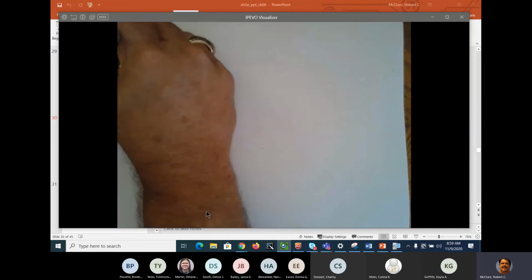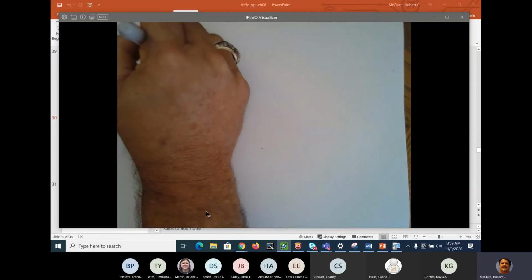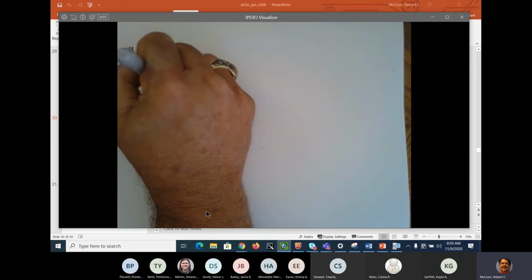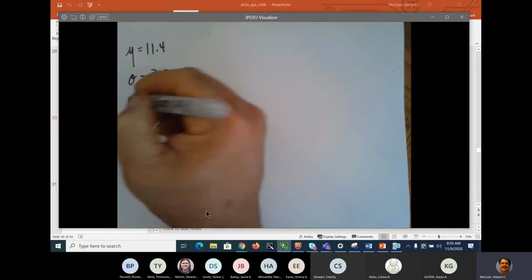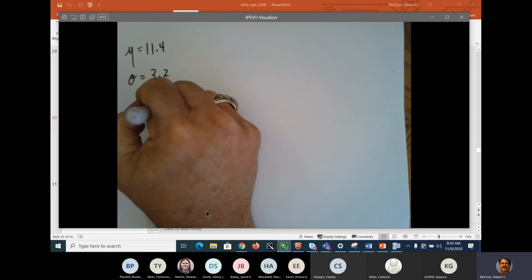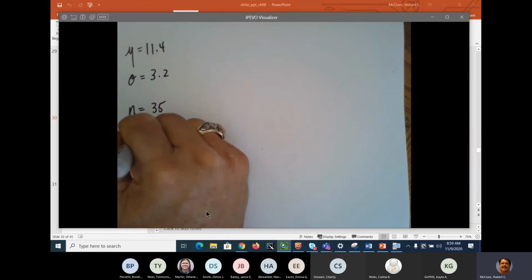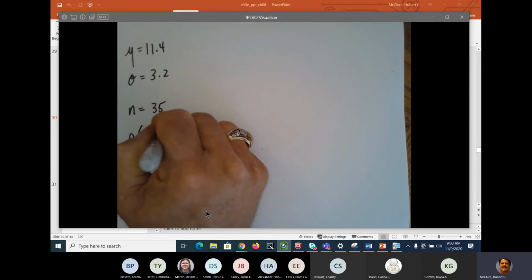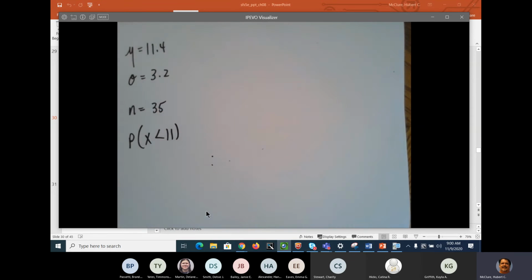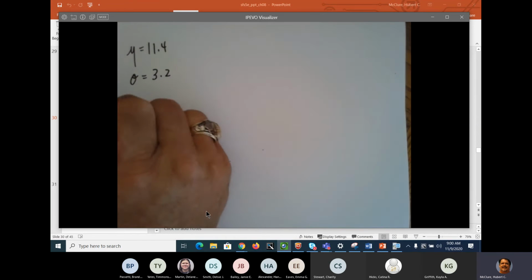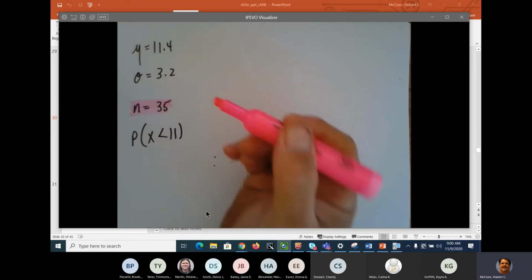So mu is equal to 11.4. Standard deviation is 3.2. n is equal to 35. And P(X < 11). I'm going to take my handy dandy pink marker and highlight that right there. And that's the difference between Chapter 7 and Chapter 8.